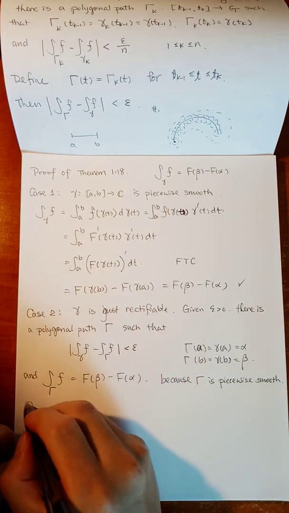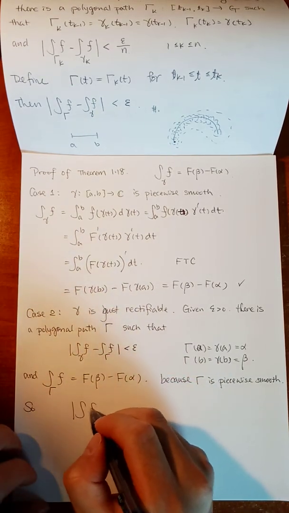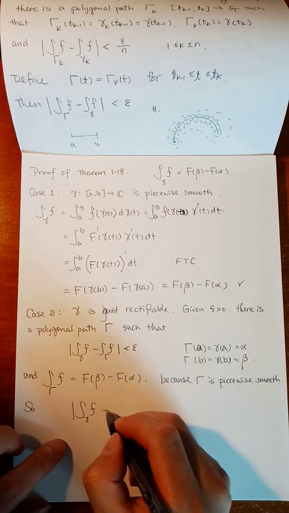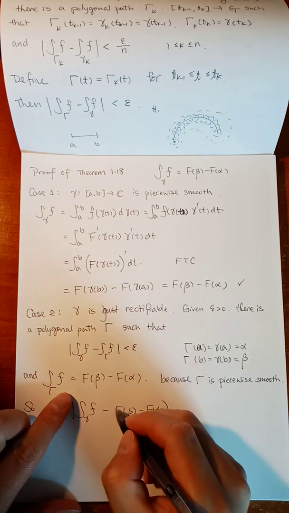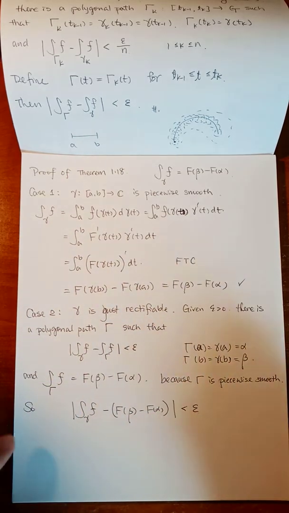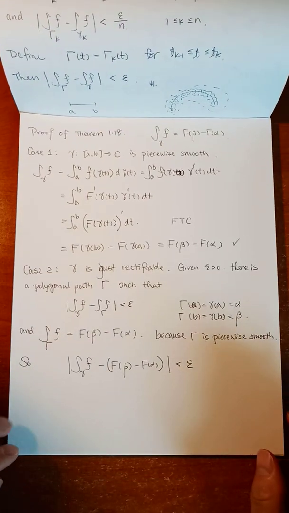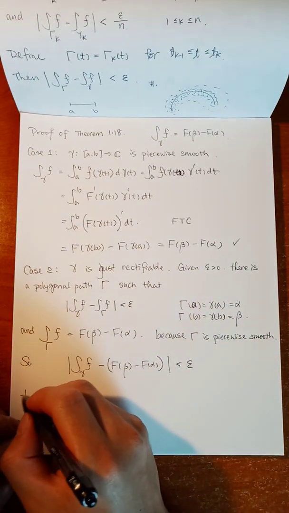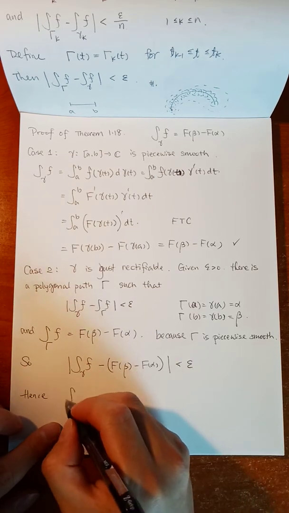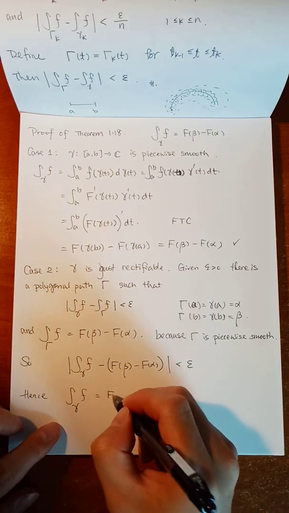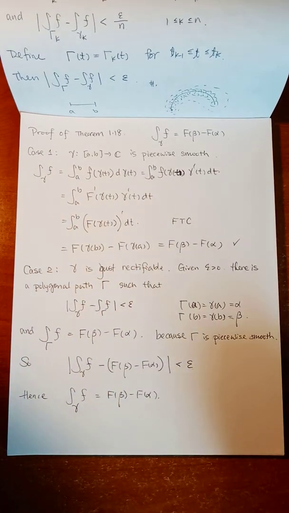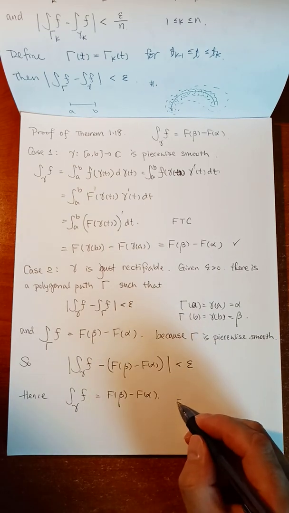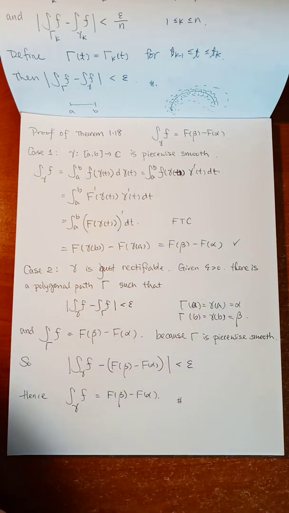The absolute value of the integral of f along gamma minus this difference can be less than an arbitrary positive number. Epsilon is arbitrary, so the difference can only be 0. We get it. So we finished the proof of the fundamental theorem of calculus for the line integral in complex analysis.